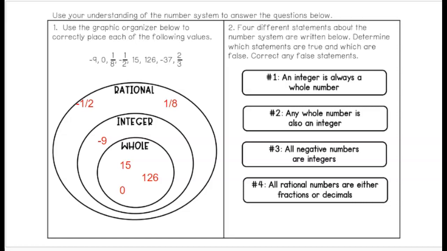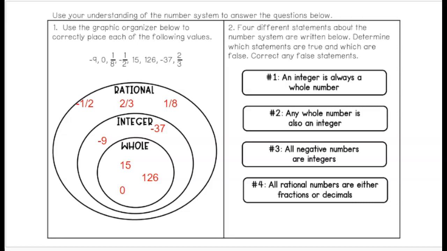With -37, it is a negative number, so it cannot go any further into whole numbers, so -37 can only go into integer. 2/3. 2/3 is a part to whole, and it can also be written as a decimal form, but it does not consist of a whole amount. So 2/3 is only rational.